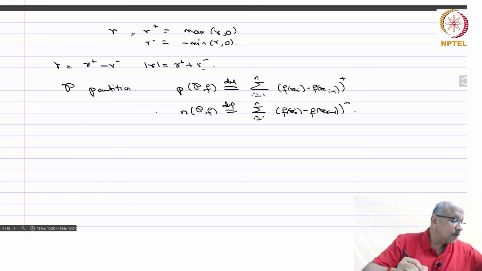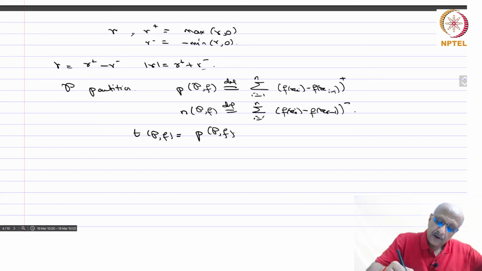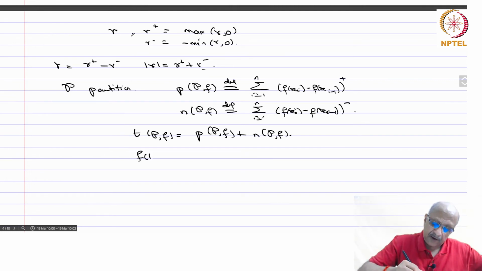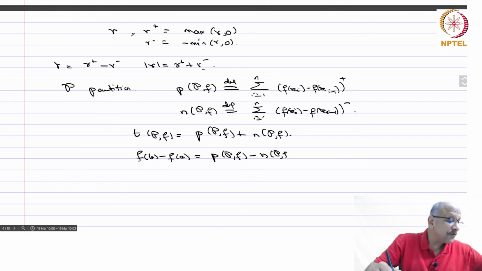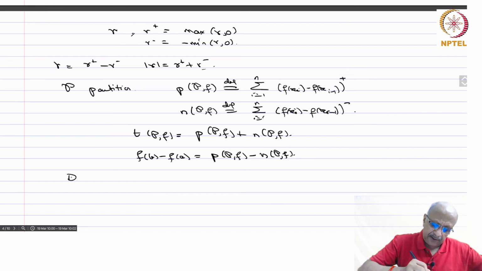Okay, so then you have T(P,f) is equal to P(P,f) plus N(P,f), and then f(b) - f(a) equals P(P,f) minus N(P,f). Straightforward calculations.